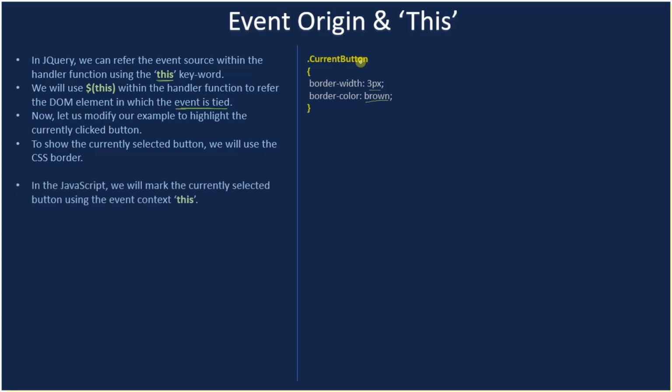In the JavaScript, we will mark the currently selected button using the event context this. That means we will be using $(this).addClass, and we will put currentButton. The $(this) gives the currently clicked button, and we mark it with the CSS rule currentButton.